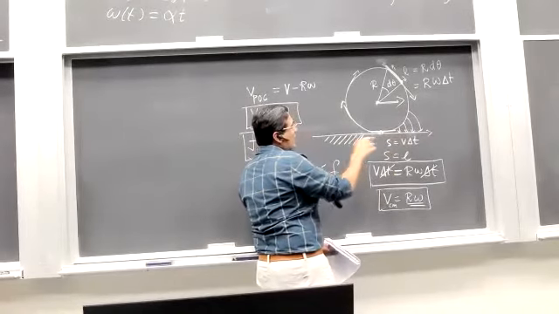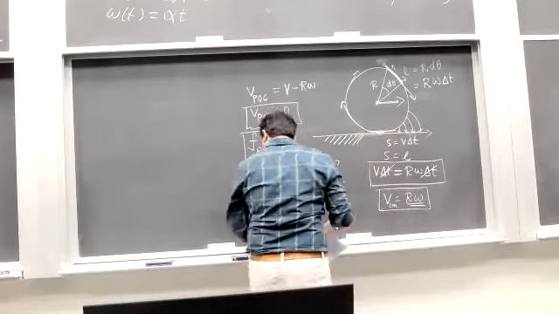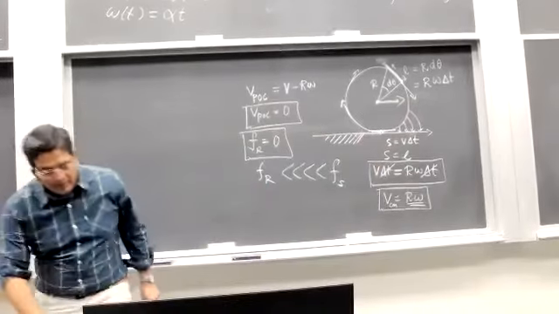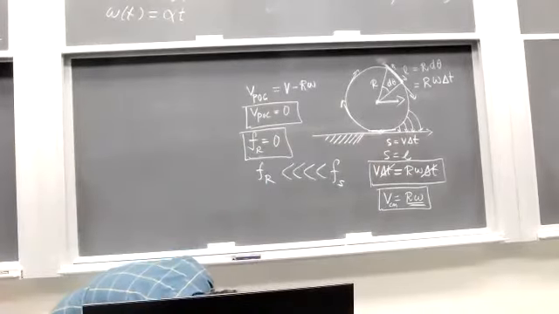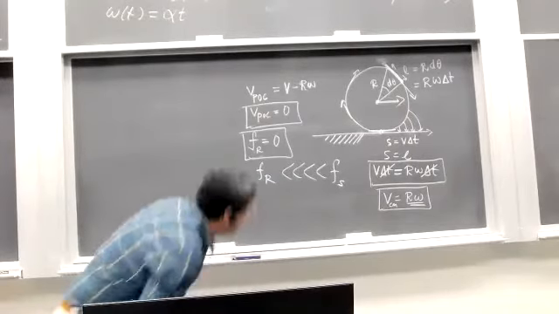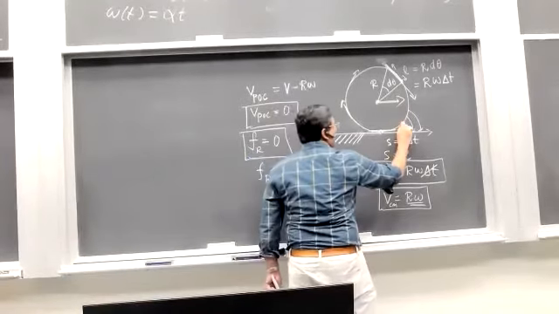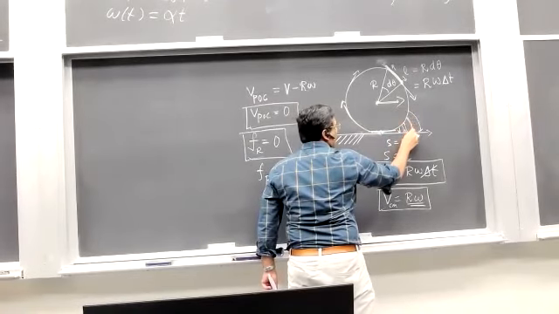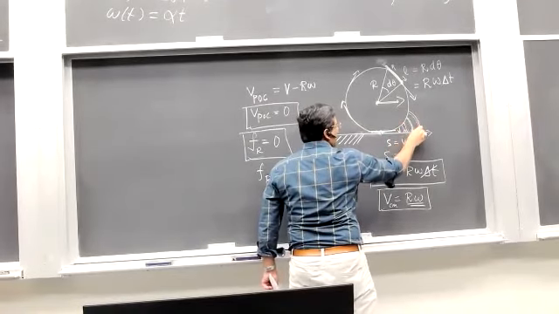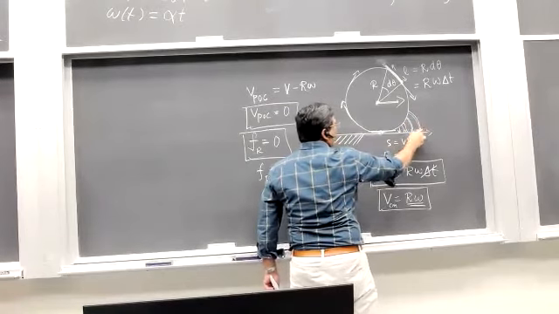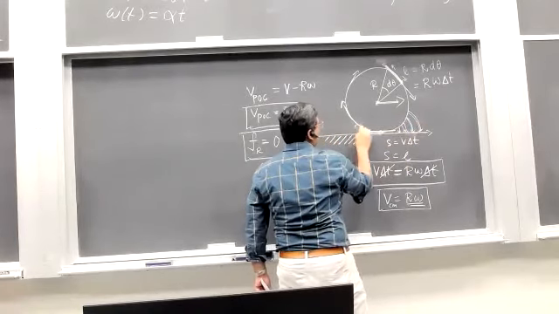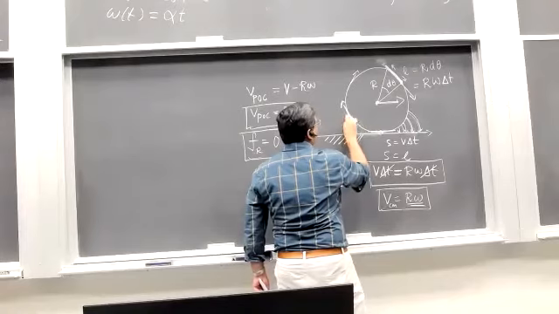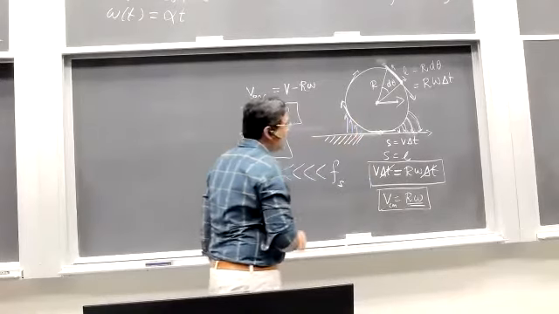And if it was skidding, then what would happen is that every time a new point comes into contact, it also slides a bit. Then the next point comes in and slides a bit before it goes out of contact. Okay, that is rolling with skidding.